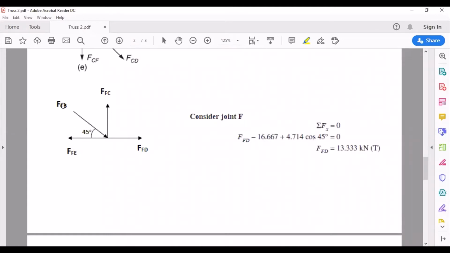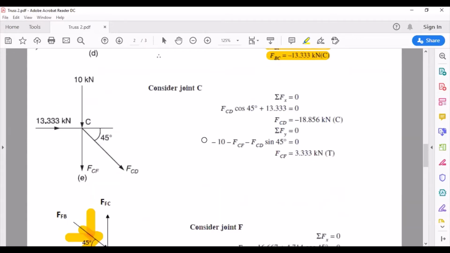Next, FFB: you have a horizontal component and a vertical component. The horizontal component will be moving rightwards, so it is positive: FFB cos 45. What is the value of FFB?